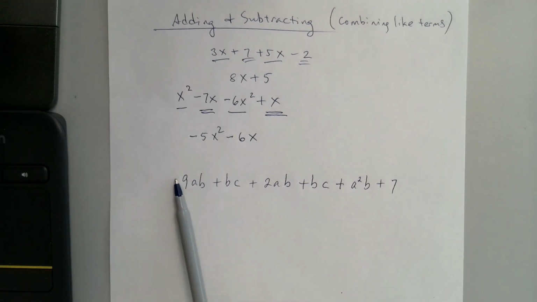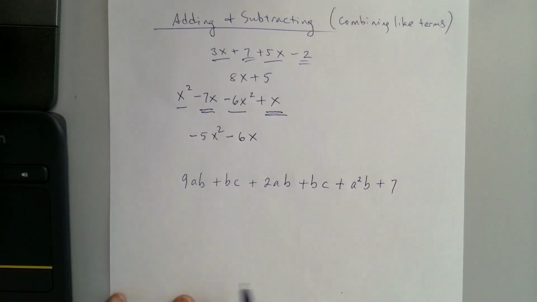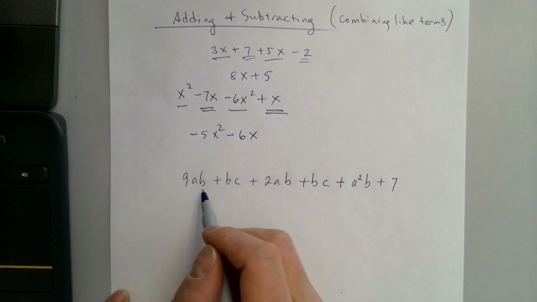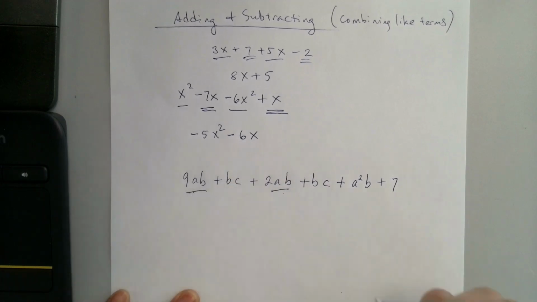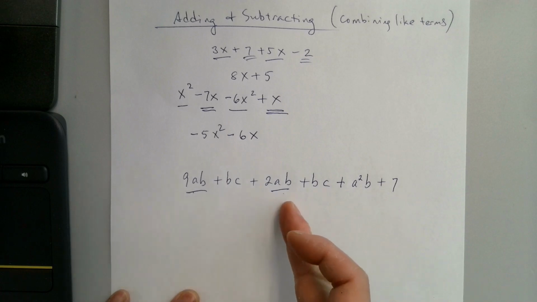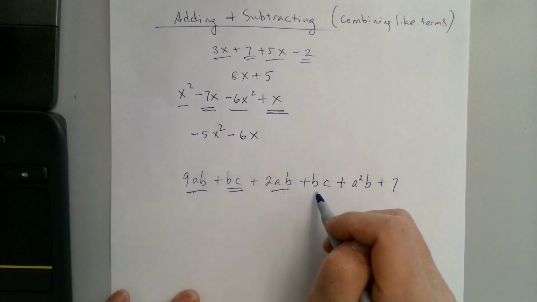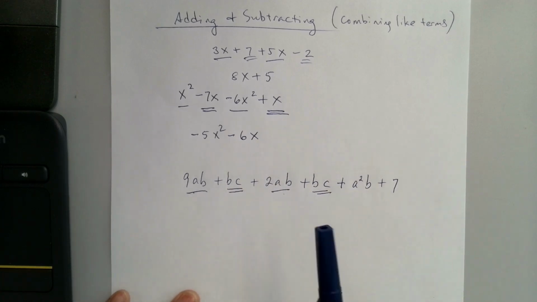Okay, this polynomial has 6 terms, and there are some like terms here. I see this term and this term, they both have AB, so they are like. These two terms are identical, so they're definitely alike.